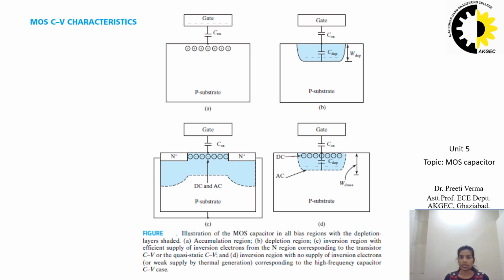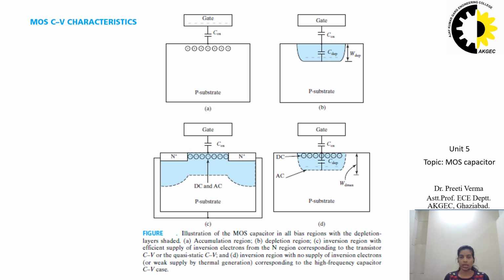The MOS capacitor with C oxide, the simple capacitor, is shown in figure A, and figure B shows the depletion region capacitance. In figure C, it is shown that the inversion layer exists at the Si-SiO2 interface in response to the AC signal.